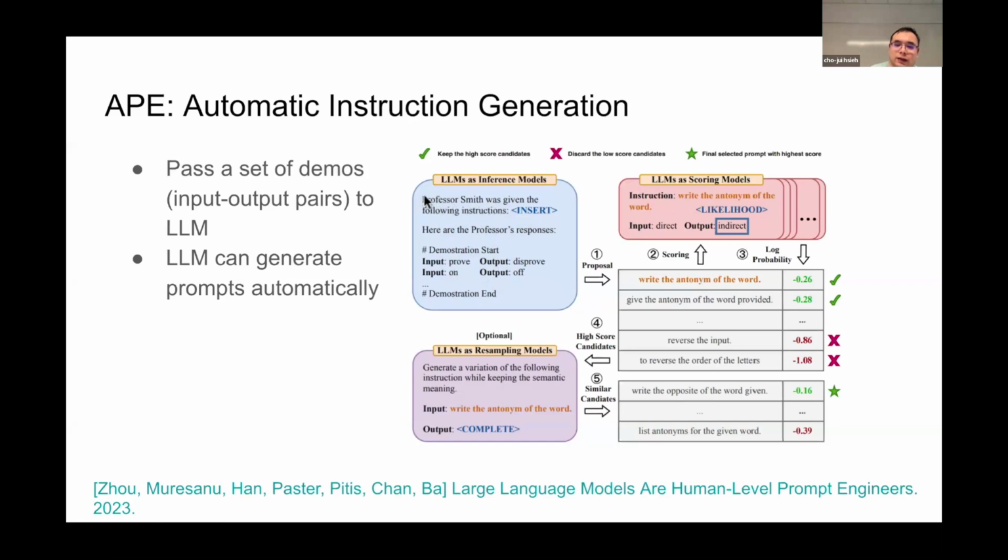It's kind of saying Professor Smith, because a few years ago people found that if you write something more professional here, then it will generate better results. So basically the LLM looks at this prompt, given the input output pairs, and will try to generate the instruction for this task.